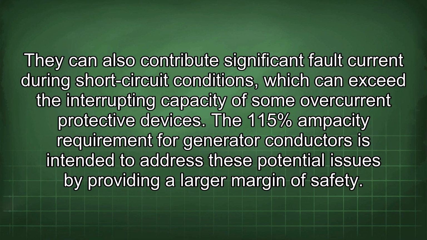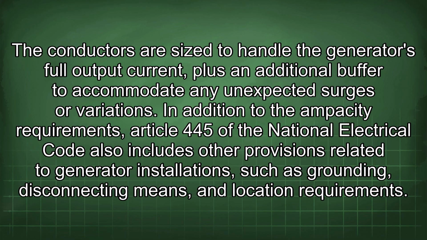They can also contribute significant fault current during short-circuit conditions, which can exceed the interrupting capacity of some overcurrent protective devices. The 115% ampacity requirement for generator conductors is intended to address these potential issues by providing a larger margin of safety. The conductors are sized to handle the generator's full output current, plus an additional buffer to accommodate any unexpected surges or variations.